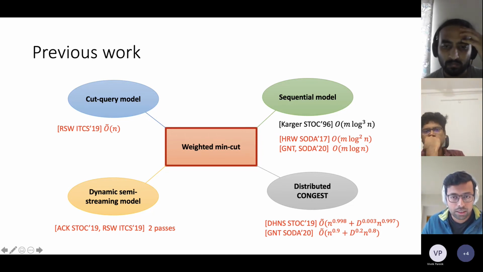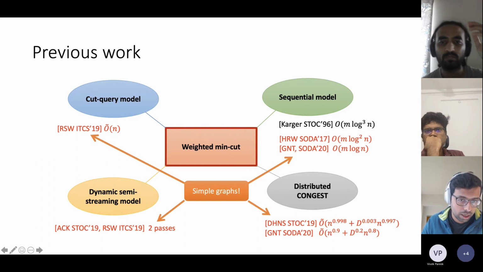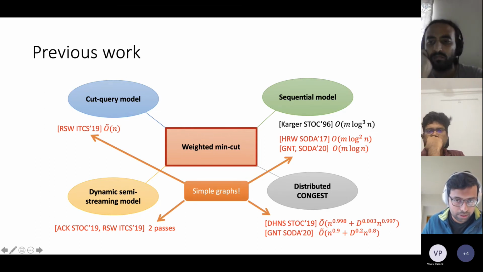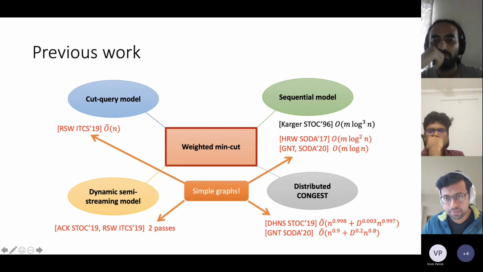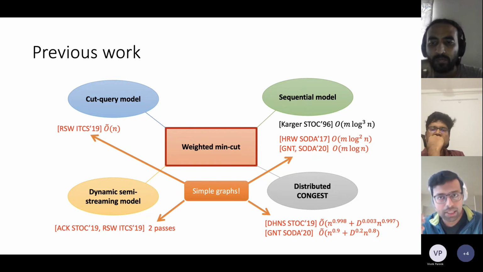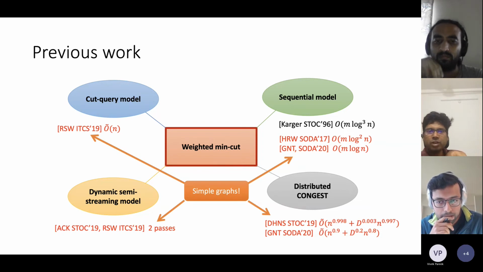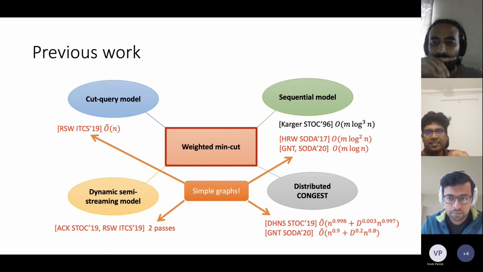Now, I should mention that all the things that I've written here, except for Karger, assume the graph is simple. Now, you might ask, yes. Somehow in this case, your running time in the fourth model is less than n.